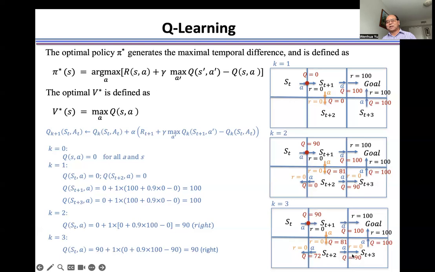So we select 90. 90 times the future discount rate 0.9 is still 81. So to calculate the Q at this state by selecting this action, we still use the maximum Q, which means the action moving right at S t plus 1. So the same thing, we still get the Q value as 90. That means we already have the convergence result.